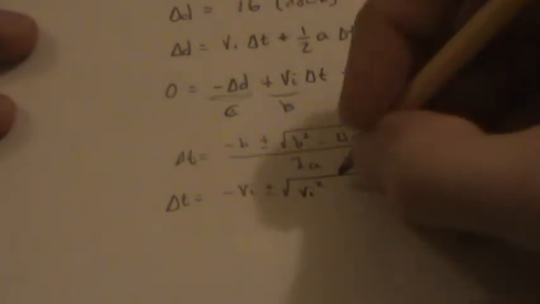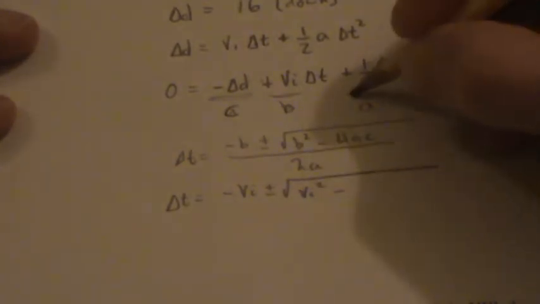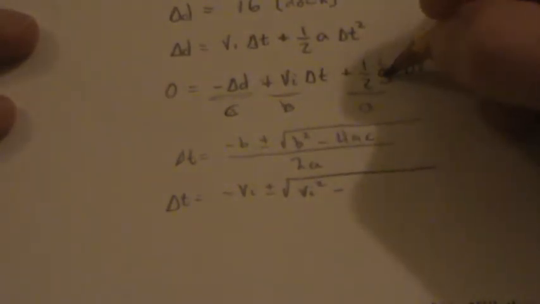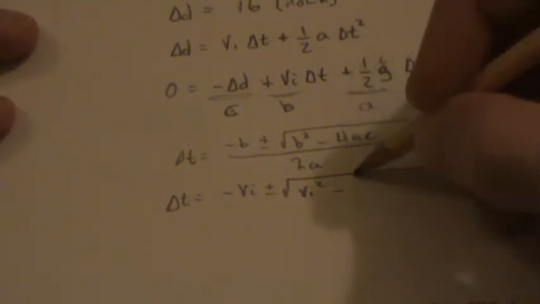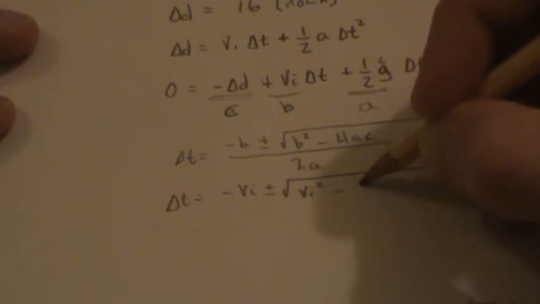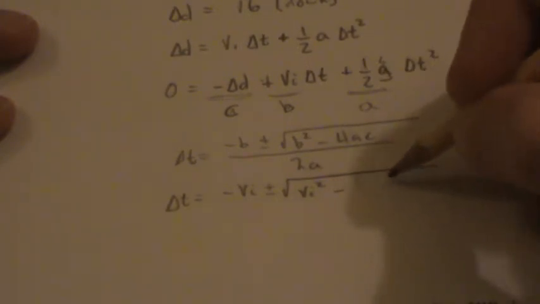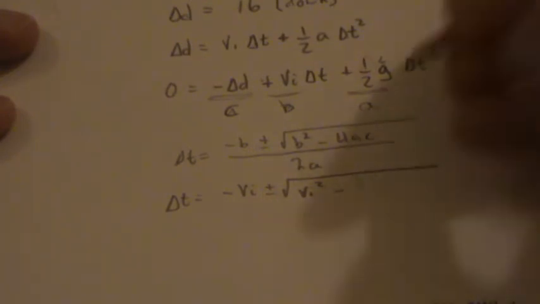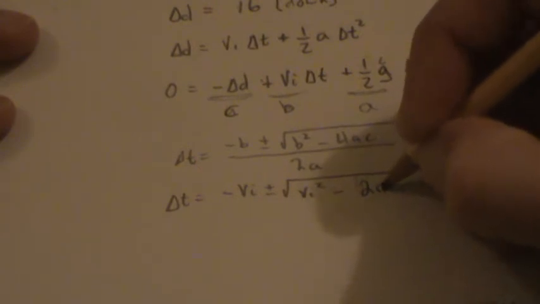Minus, now this section is 4 times a, which a is 1/2 g. So if I take this 4 and multiply it by the 1/2 g, I'm going to just write it real lightly there. You can barely see it. This 4 times 1/2 actually becomes a 2, so I'm just going to change that into a 2g.